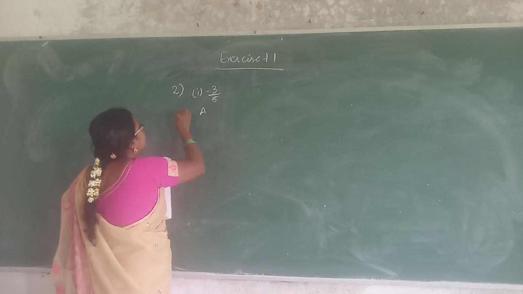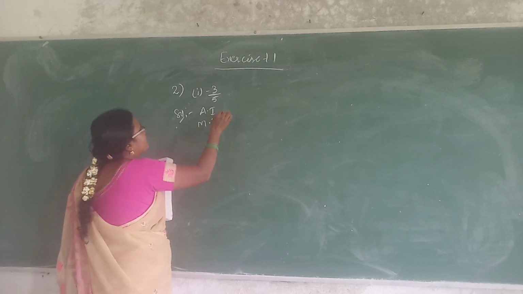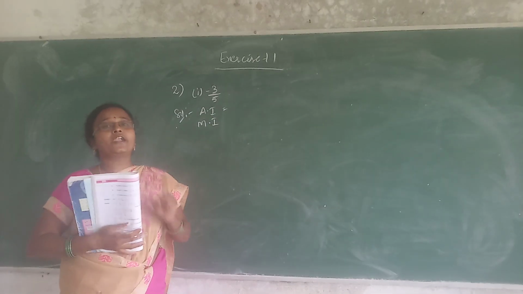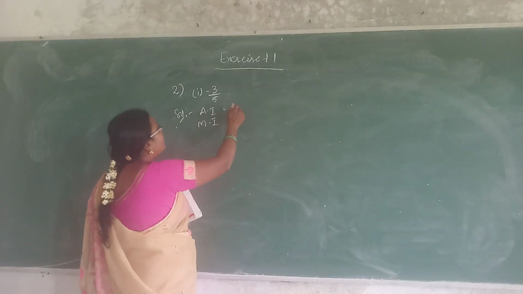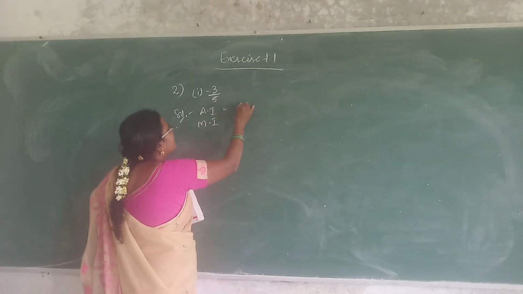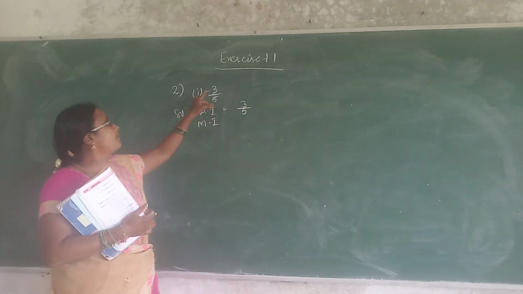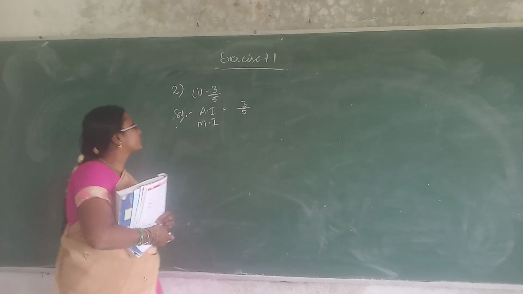For this, the solution: additive inverse, multiplicative inverse. What is the rule for the additive inverse? Something should be added to get the additive identity. So, for minus 3 by 5, the additive inverse is plus 3 by 5. If we add plus 3 by 5 to minus 3 by 5, we get 0.